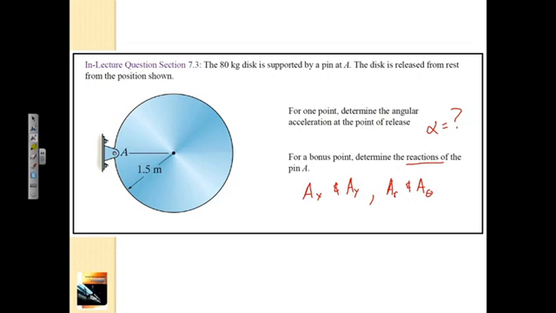This is equal to the kinetic diagram. Remember, for the kinetic diagram, our sum of forces are going to follow the CG location. So we need mass times A of G in the x direction, mass times A of G in the y direction.